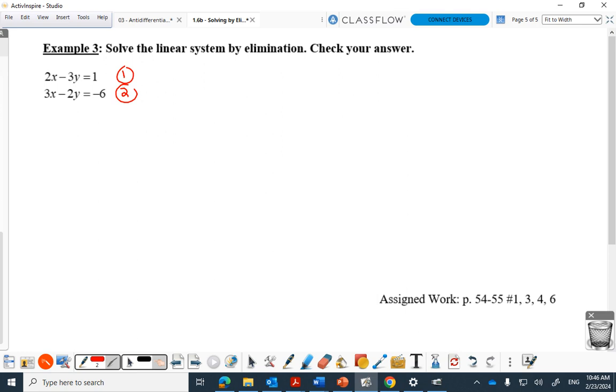I'm going to do the first step. I'm going to do x's in red, y's in blue. So if you're checking your answers, if you chose some different numbers, you don't have to do it exactly like mine.